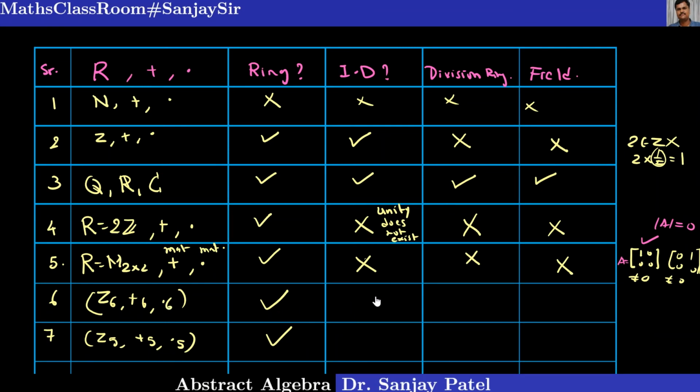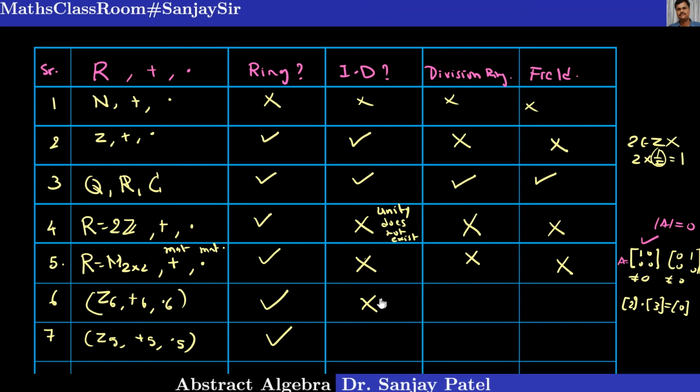No. Because we know that class 2 is not 0 and class 3 is also not 0, but class 2 times class 3 is 6, and 6 is equal to 0. So the ring of residue classes modulo 6, that is the ring Z6, has zero divisors.